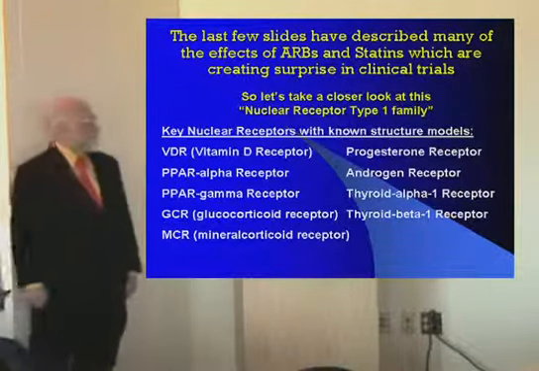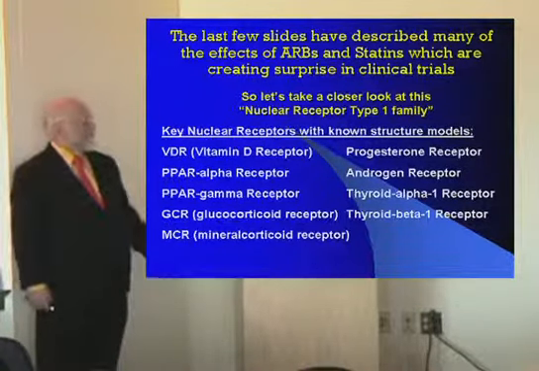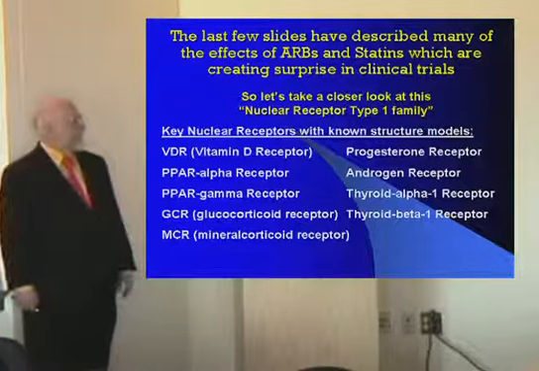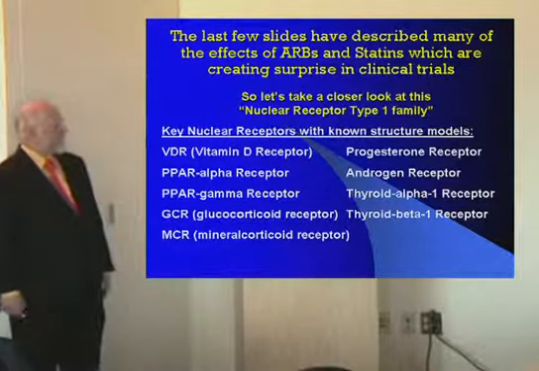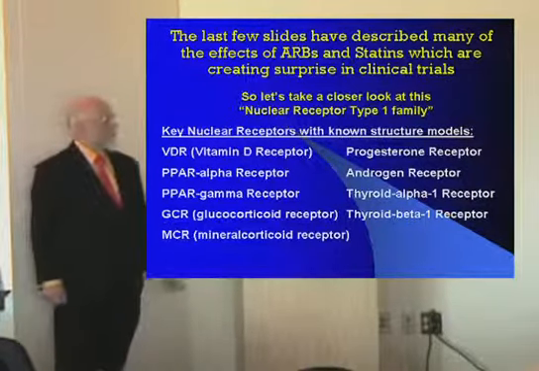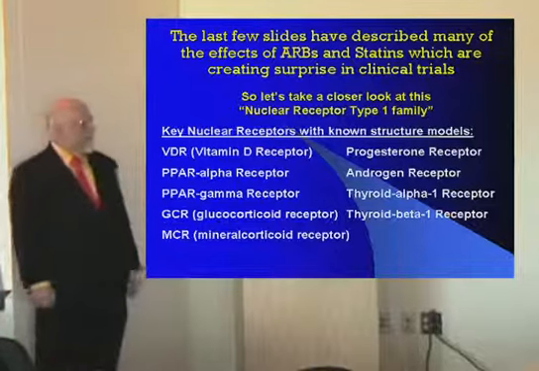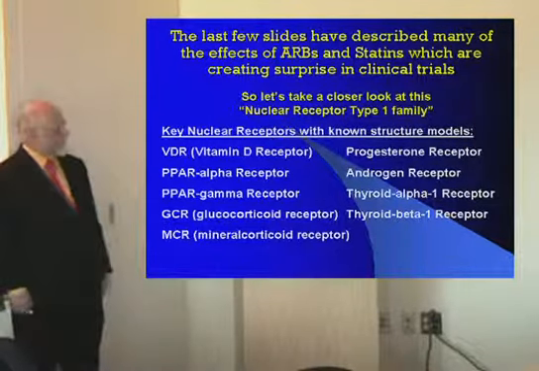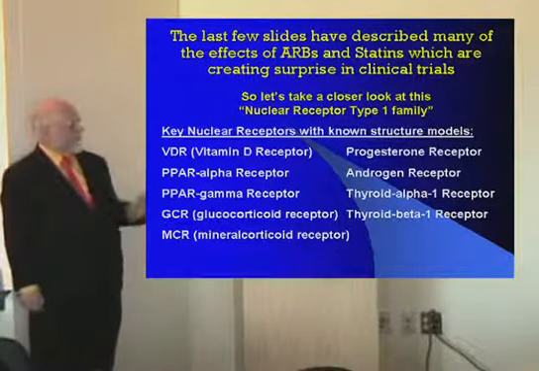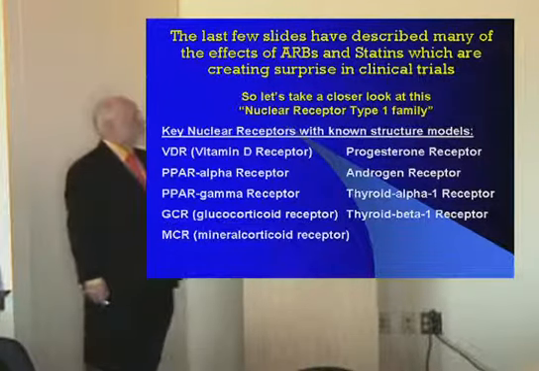And they turned out to be the VDR, the PPAR alpha, the PPAR gamma, the GCR glucocorticoid receptor, the MCR mineralocorticoid receptor, progesterone receptor, androgen receptor, and thyroid alpha 1 and thyroid beta 1. There are 4 thyroid receptors, and we just selected those 2 because they were available as X-ray models.